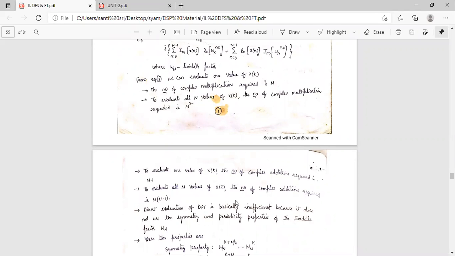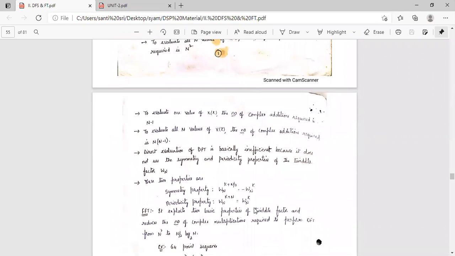So direct evaluation of DFT is basically inefficient because it does not use the symmetry and periodicity properties of the twiddle factor W_N, right? These two properties are: the symmetry property, that is W_N power k plus N by 2 is equal to minus W_N power k, and the periodicity property, that is W_N power k plus N is equal to W_N power k.